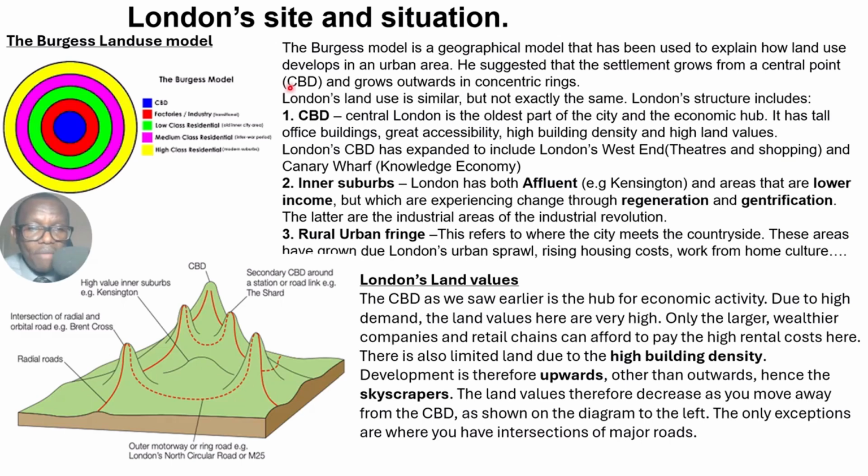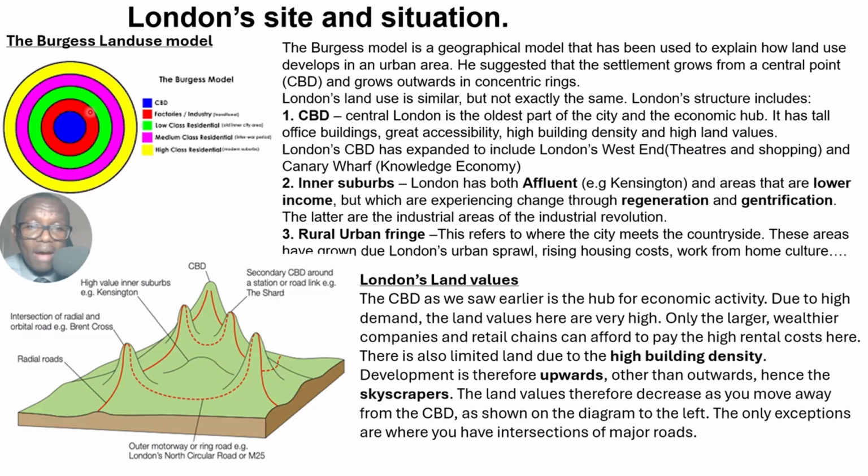Now the reason why I've included it here is because it helps us to understand urban land use here within London. Okay, so Burgess suggested that a settlement grows from a central point, which is the CBD that is shown here in blue, and then grows outwards.